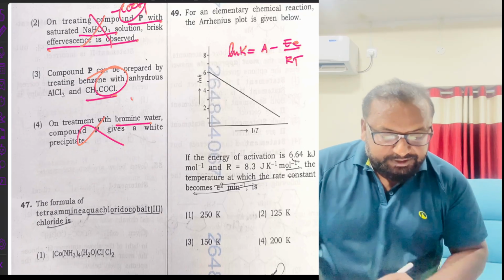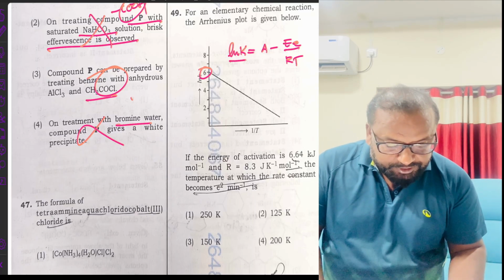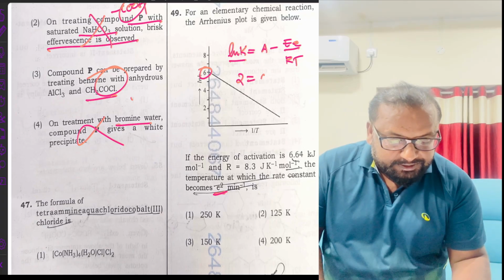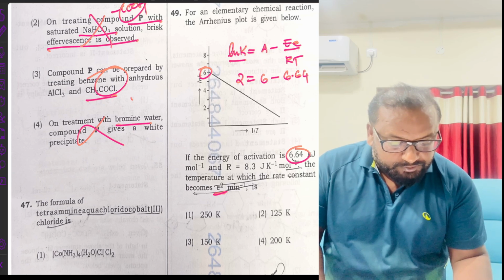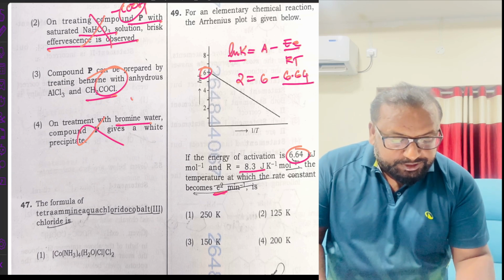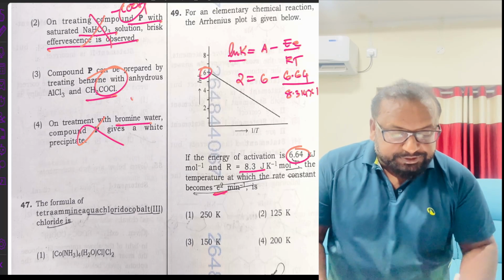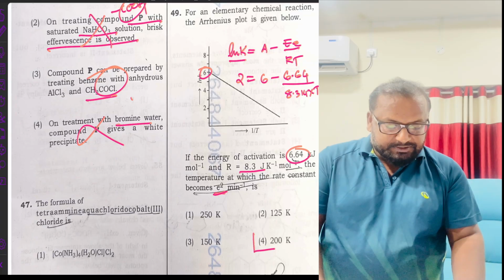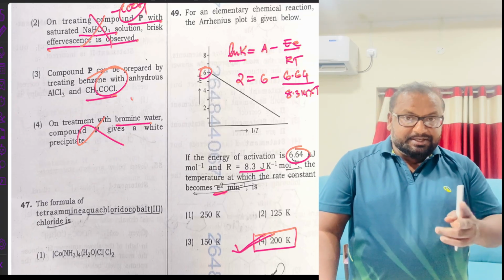So from the graph we can say that ln A equals 6, and ln k should be e to the power 2, so it has to be 2 equals 6 minus Ea, which is given as 6.64, over the R value we have to take, 8.314, multiplied by temperature. If you solve for temperature, we'll get the answer close to 200 Kelvin. Right? It's a different type of question.